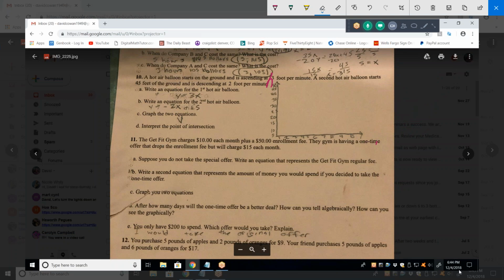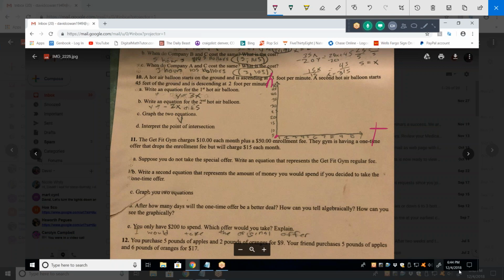When I'm labeling that horizontal scale, I've got to know what it is. And what we're dealing with here is time. Okay? At 0 seconds, which is when the balloon starts, what's its height? 0 feet. Right there. Okay?